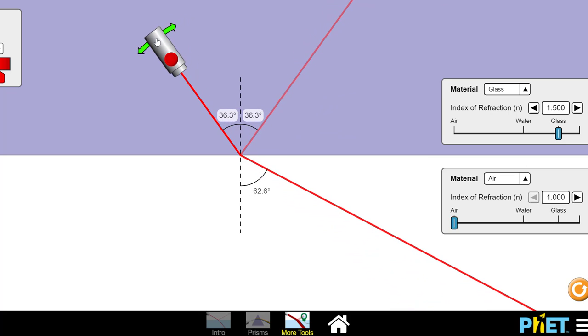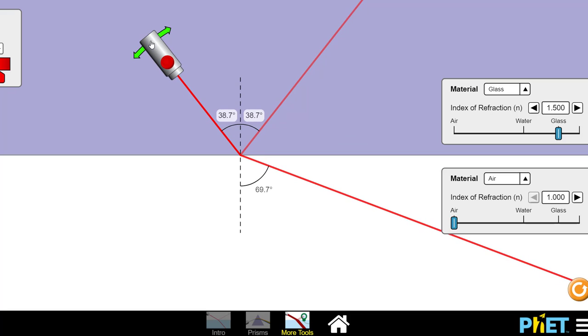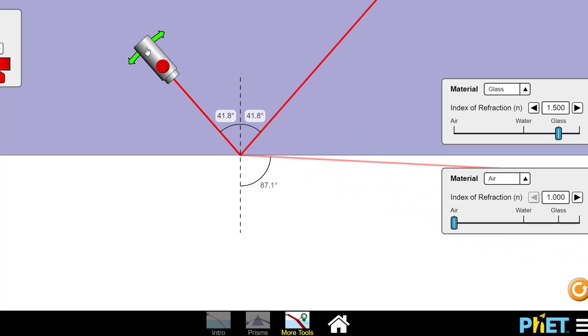The angle of refraction is getting closer and closer to 90 degrees. Eventually, beyond a certain incident angle, the angle of refraction hits 90 degrees. We call this incident angle the critical angle. And for this glass-air boundary, the critical angle is around about 41.8 degrees.